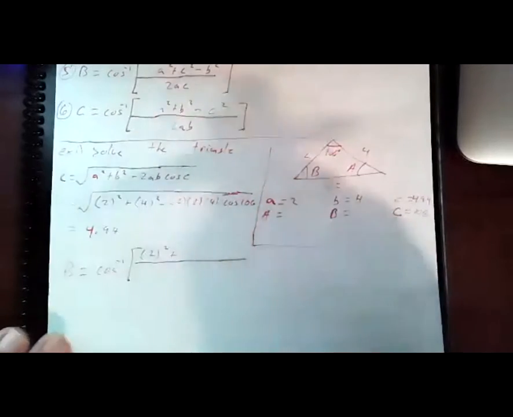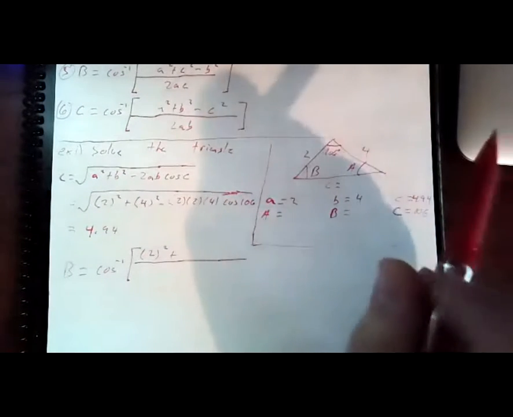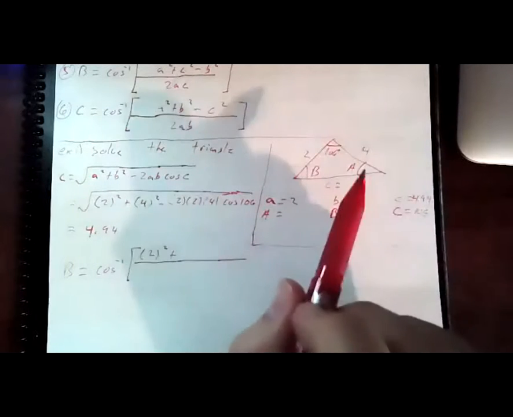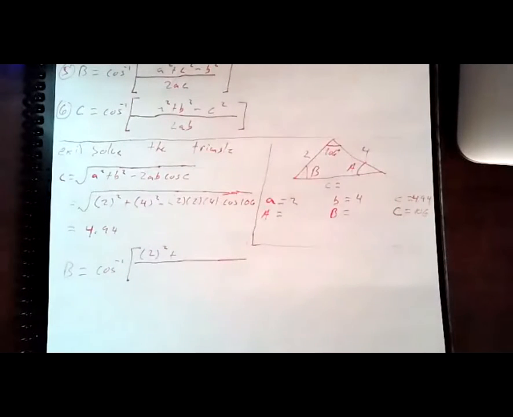Since we rounded for C on that, is it okay just to use the rounded? Yeah, that'd be fine. They should tell you how to round, like how many during the process and how many at the end.